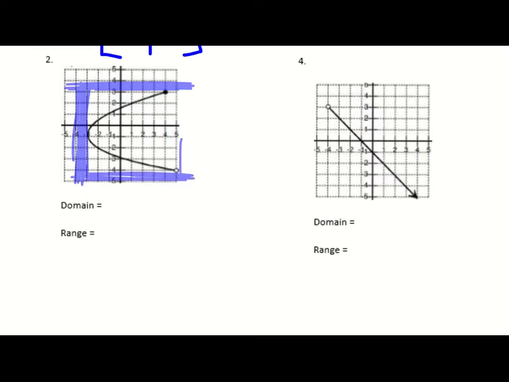This one kind of stops at the graph, but I'm going to shade that in to make it easier to figure out where my left, right, lowest, and highest are. The first thing we're going to do is start with the domain.